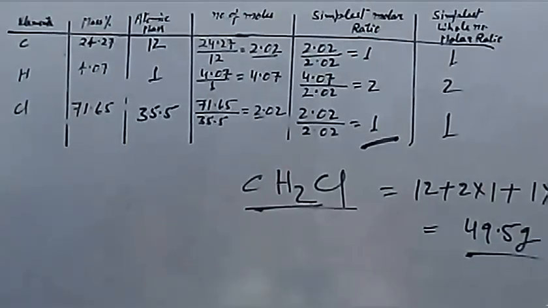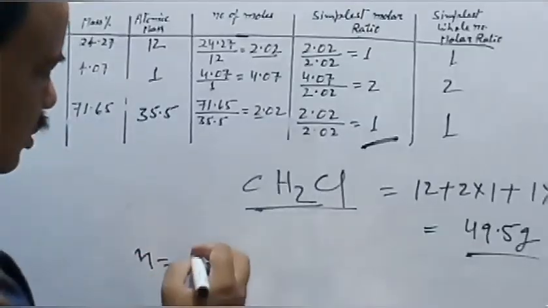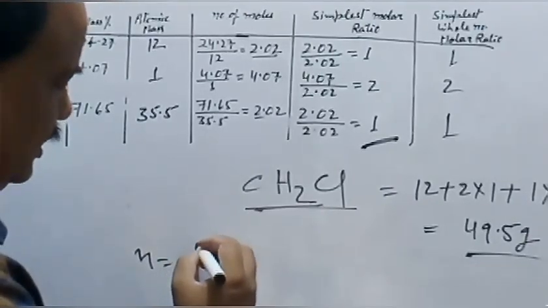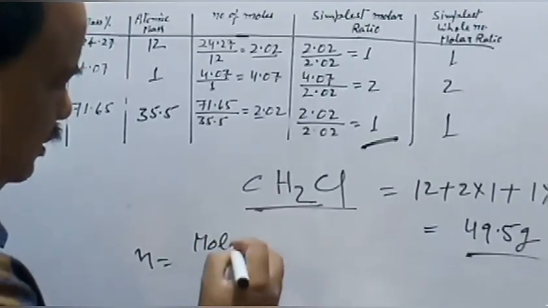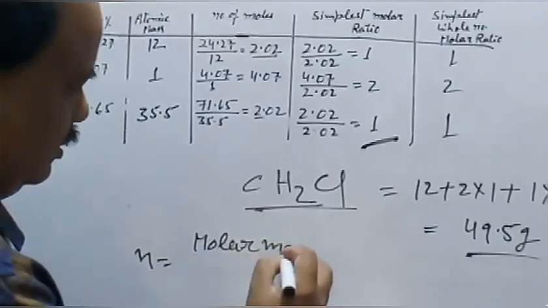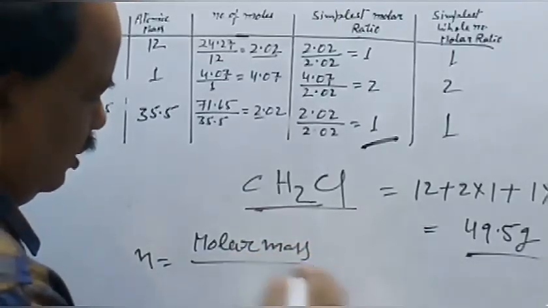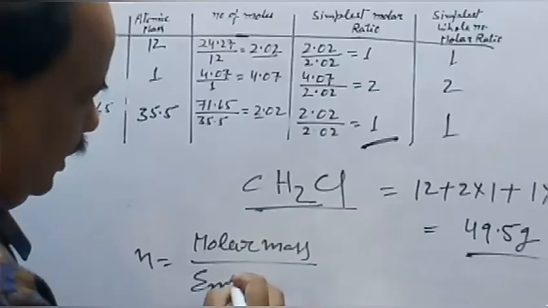Molar mass is given, so we can calculate the value of N. N equals molar mass of the compound upon empirical formula mass.